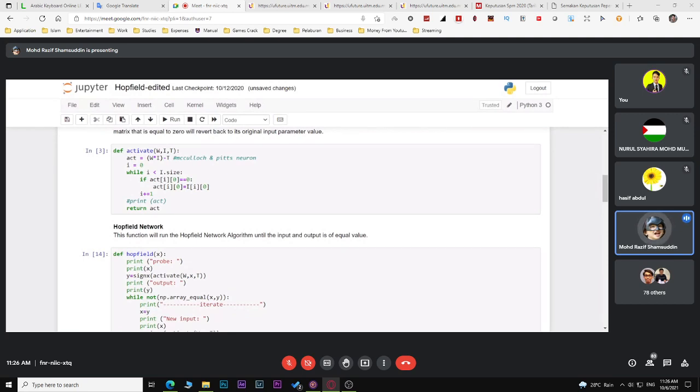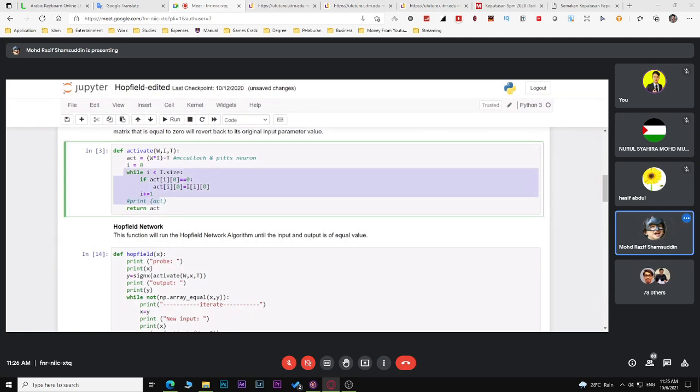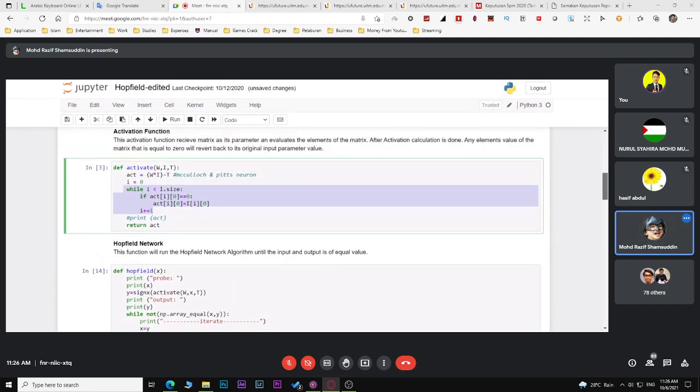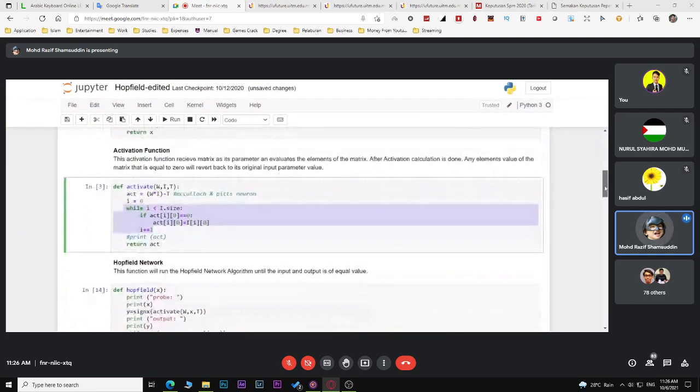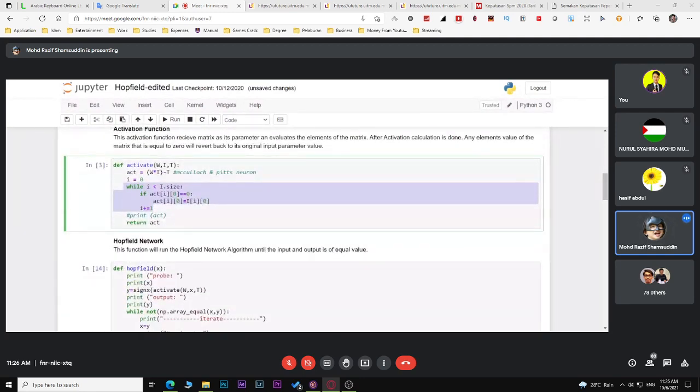Weight times I ni pun, sekejap kenapa ada size ni. Oh sebab yang ini saya tak see, nampak tak? Yang ini saya tak pakai pun sign, sebab saya buat balik semula kat sini.